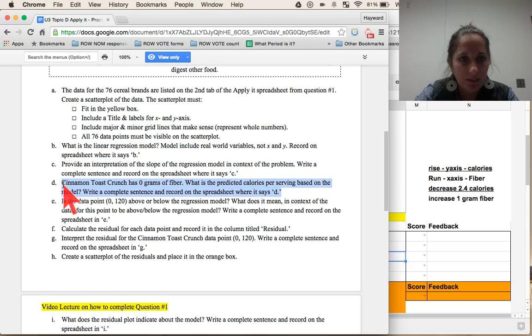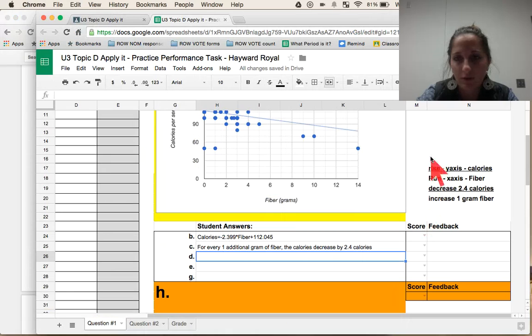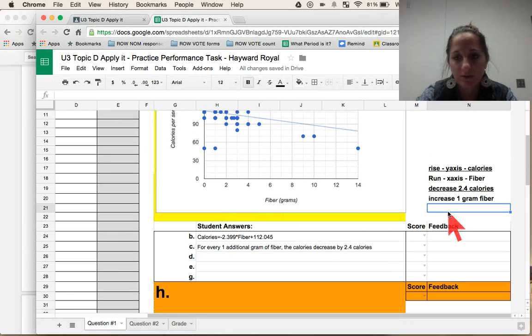Question C, Cinnamon Toast Crunch has 0 grams of fiber. What is the predicted calories per serving based on the model? Write a complete sentence. Okay, so since it has 0 grams of fiber, we would do y equals negative 2.399 times 0 plus 112.045.